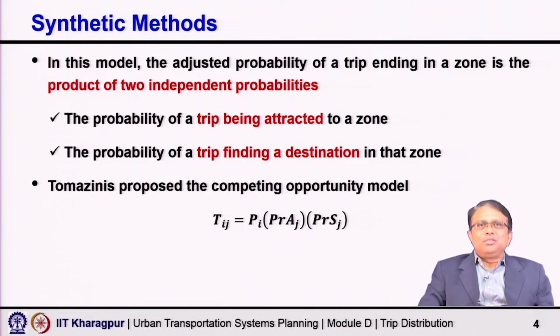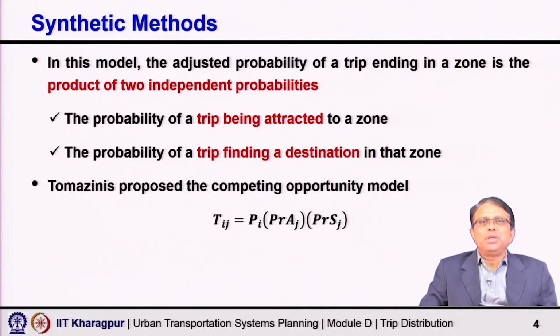In this model, the adjusted probability of a trip ending in a zone or in a ring or a particular destination zone is the product of two independent probabilities. What are those? First, the probability of a trip being attracted to a zone. What is the probability that a trip will be attracted to a particular zone J?